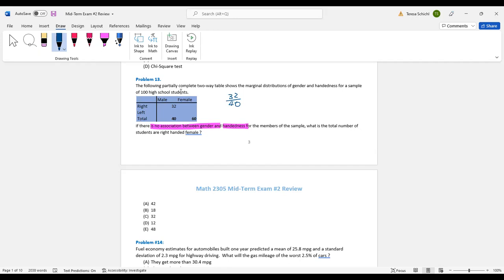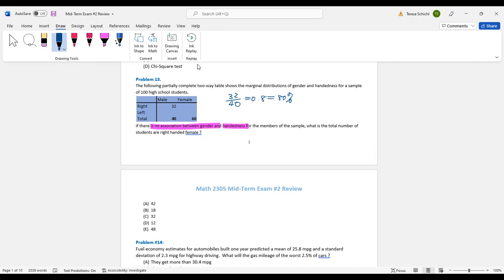So let's see, 32 out of the 40 is what? It's 0.8, or you can say it's 80%, right? So that means the right-handed male is 80%. If right-handed or left-handed has nothing to do with gender, then female should be around 80% also, because in general the whole population is 80% right-handed.